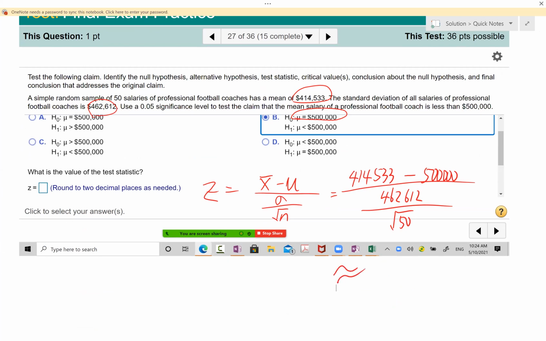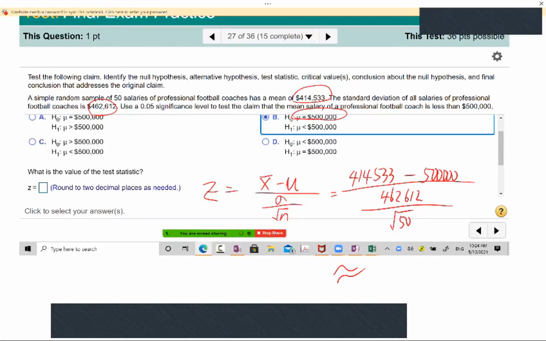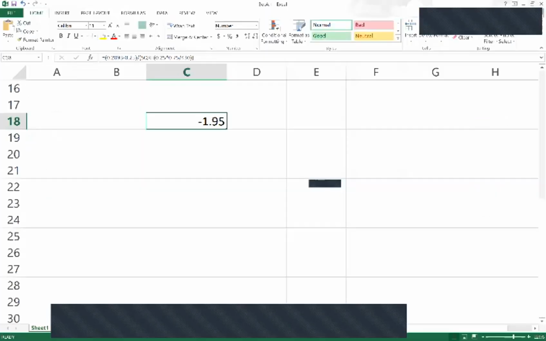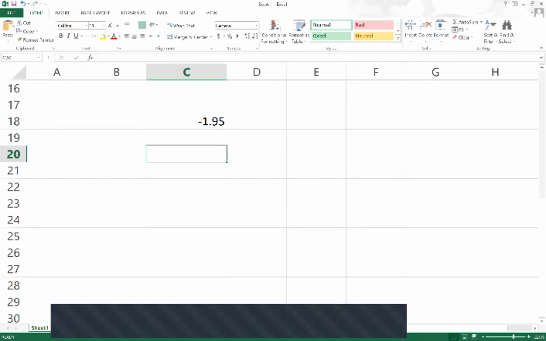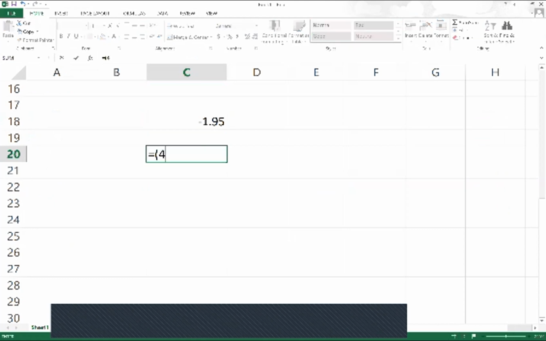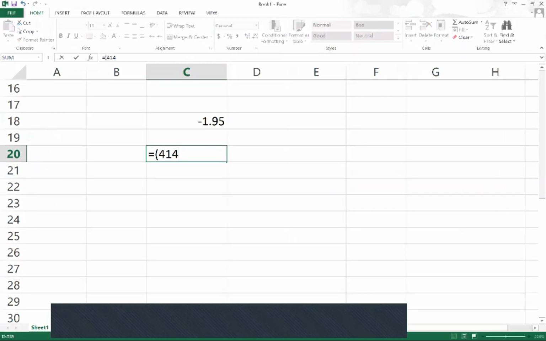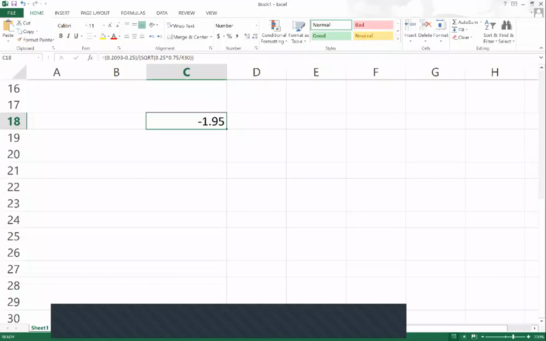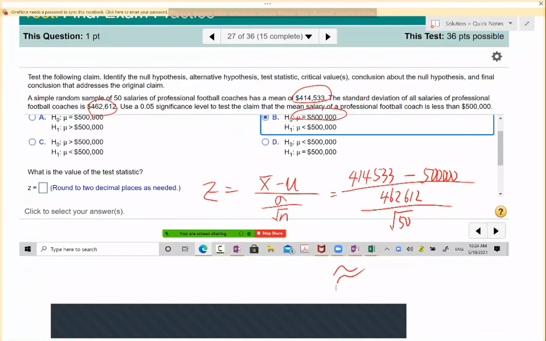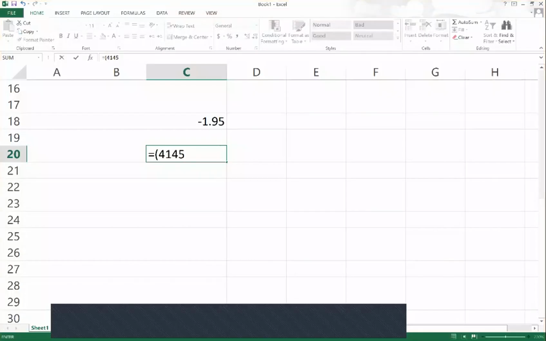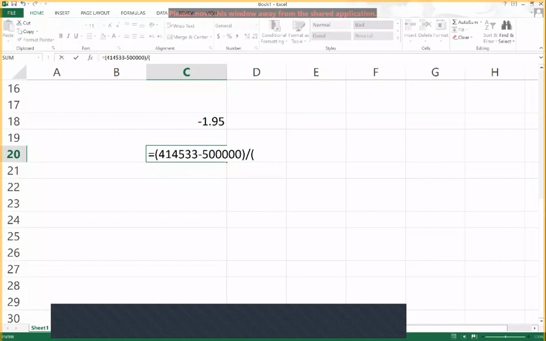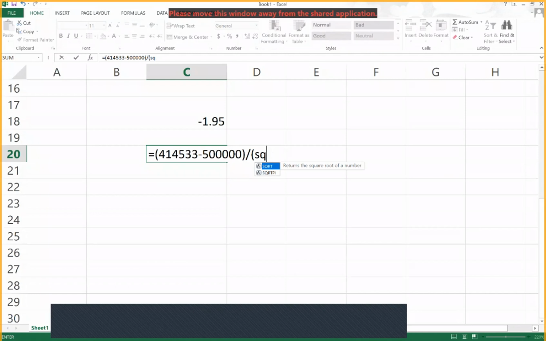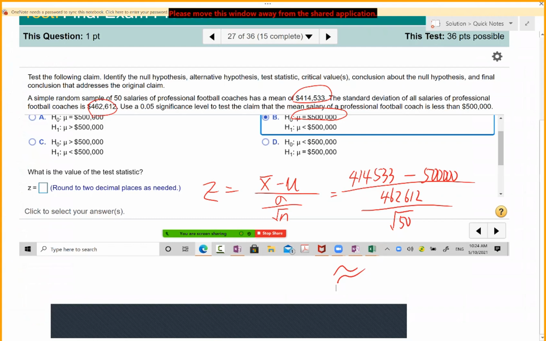Put it into Excel: 404,533 minus 500,000, dividing by the square root, 462,612.